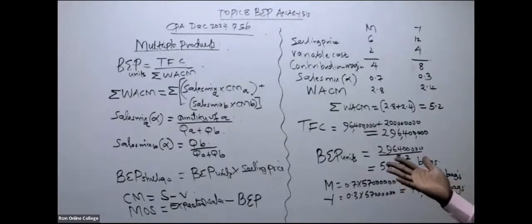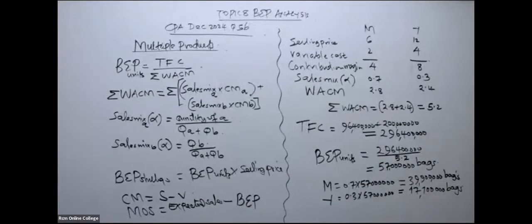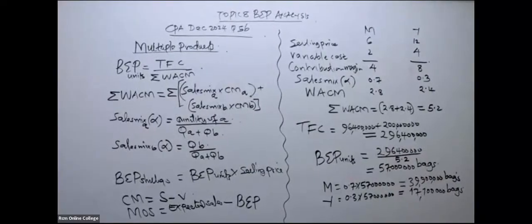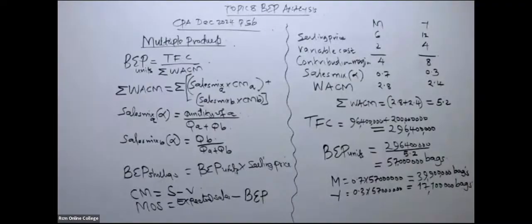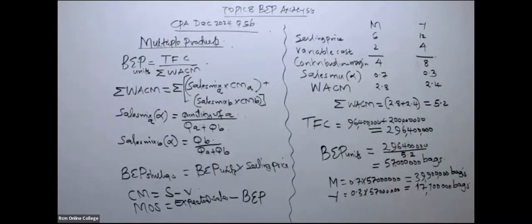We are going to get our break-even point in what? In shillings. So if you are told to give us the break-even point in shillings, what do we need to do? We now go ahead and get the number of units that will give us break-even point. We multiply by the selling price per unit.